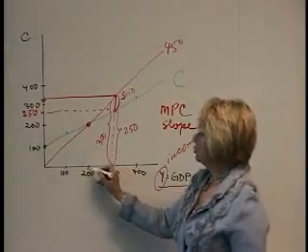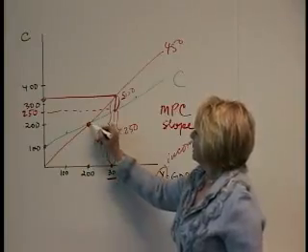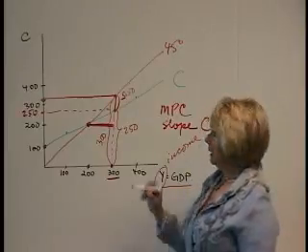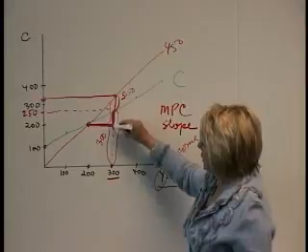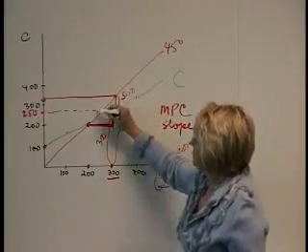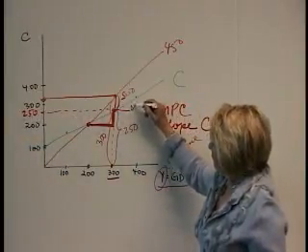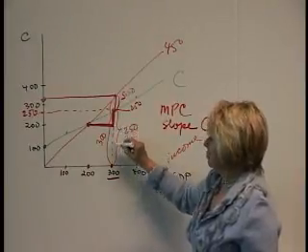So let's pick two different incomes right here, and that would be the change in income. Now we're looking at the consumption line, so we're looking at this change right here in consumption. We know that this consumption here is 250. And how much is this consumption?